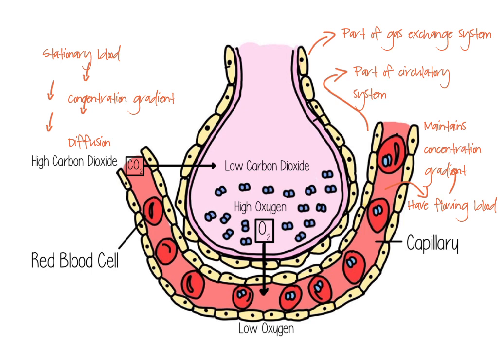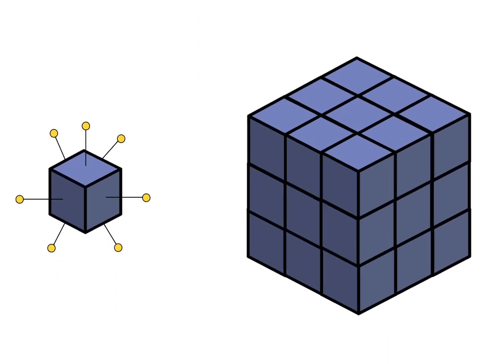Now, before we move towards the conclusion of this lesson, let's revisit the concept of a large organism versus a small organism one more time. Imagine that each of these cubes represents a cell. Notice, when you have a single-celled organism, every side of its surface is exposed to the air and can be used for diffusion.